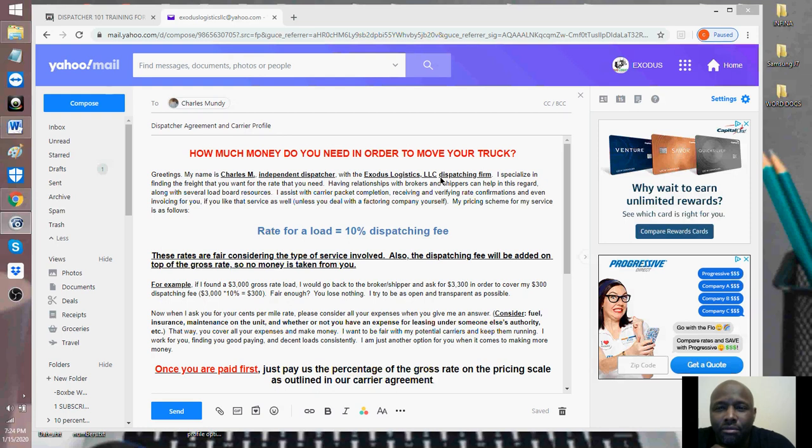Correct, because by law, as a broker, when you negotiate, that load is your load. Let me explain it from experience. When I post a load as a broker, that's my load. I have control of that load. As a dispatcher, you don't have any load.